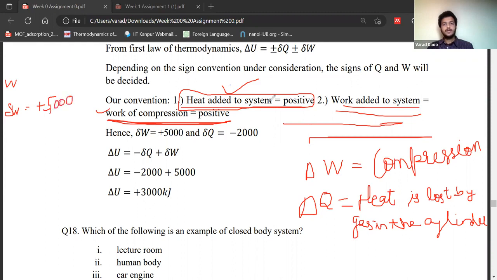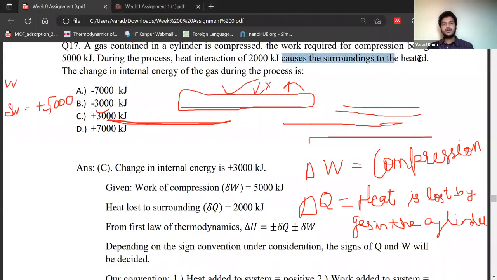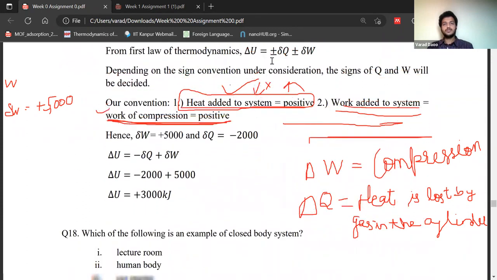And heat added to the system. Are we adding heat to the system? No, heat is being taken out of the system, right? Here you can check, the surrounding is being heated. That means heat is lost from the system, that means it is taken out of the system.